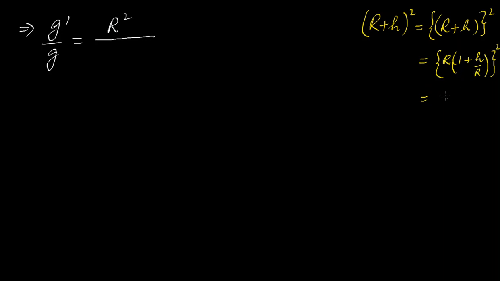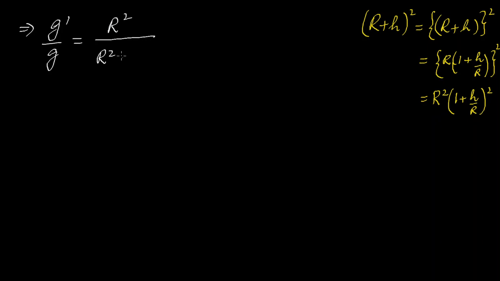So r here, there's a square, so you're getting r square, and 1 plus h by r whole thing square. I already discussed this in some of the previous videos. You can take common even if nothing is common out here. All right, so therefore this term here, r plus h whole thing square, I can replace it with this.